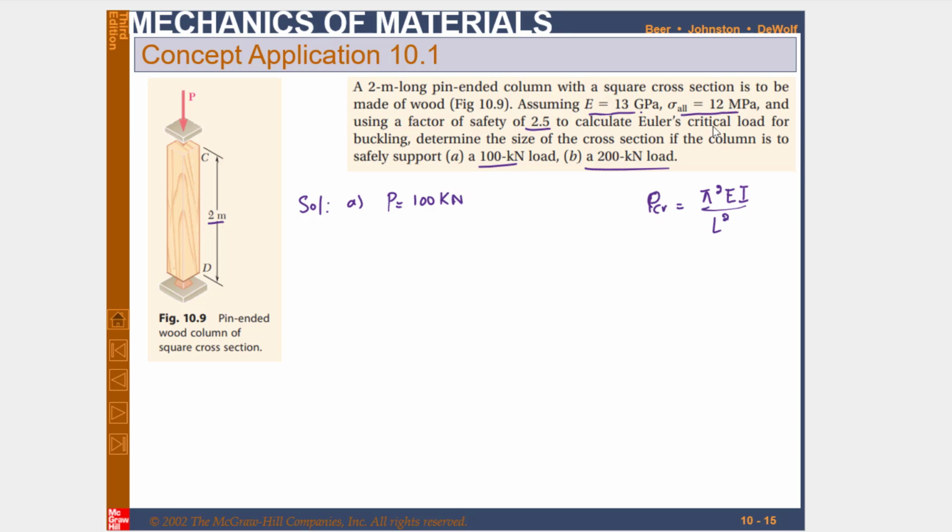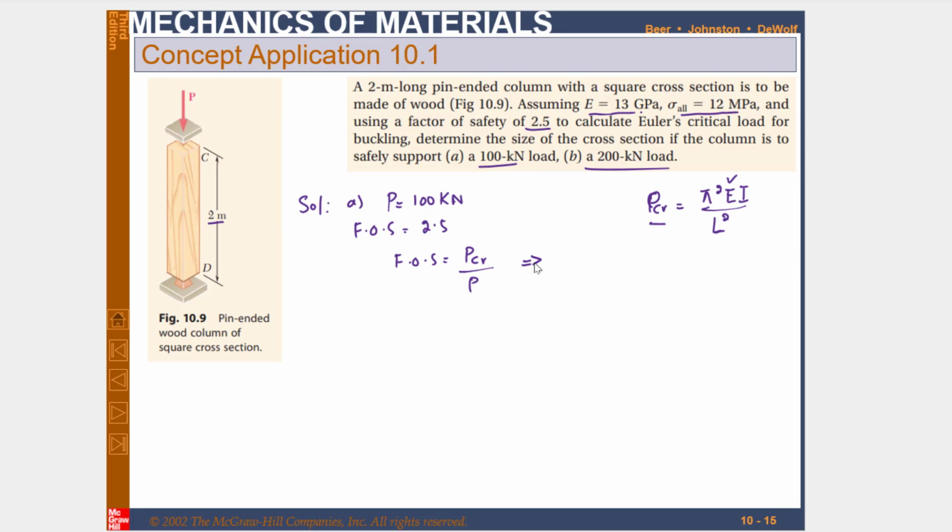You have to calculate the critical load for buckling and determine the size of the column. So you know that critical load is equal to pi square EI over L square. You have the E value. You do not have I because you do not know the cross sectional area. You have the length. So first we will find the critical load. Factor of safety is also given, that is 2.5, and you know that factor of safety is equal to critical load divided by the applied load.